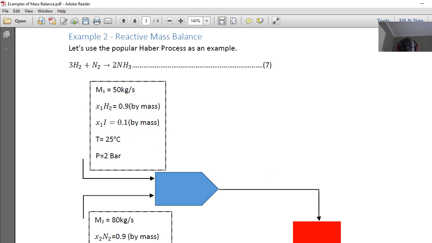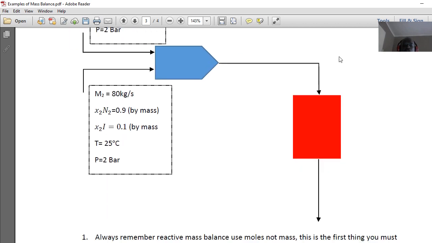And then down here you've got stream 2, which is 80 kgs per second. It's got nitrogen, 90% by mass, and the same inert as in the first case, 10% of that inert. It's 25 degrees Celsius, and it's at 2 bar.